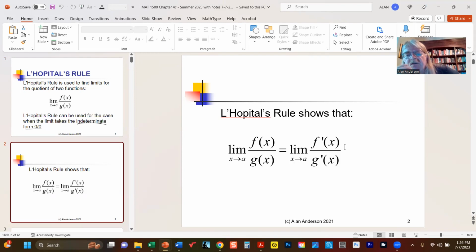So as soon as you see a 0/0, your first instinct should be to try L'Hopital's rule. Even then, if L'Hopital's rule doesn't work, there may be something else you can try. But this is a very straightforward way of finding a limit when we end up with either 0/0 or infinity over infinity.